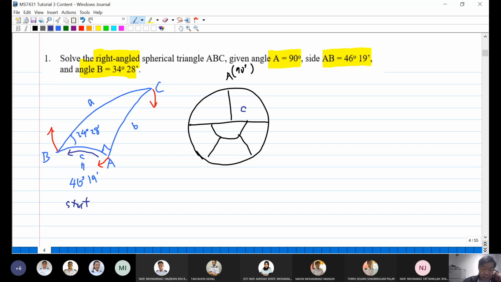Then the next thing you encounter is angle B. Then the next thing is side a now. Then the next thing is angle C. Then the next thing you encounter is side b.